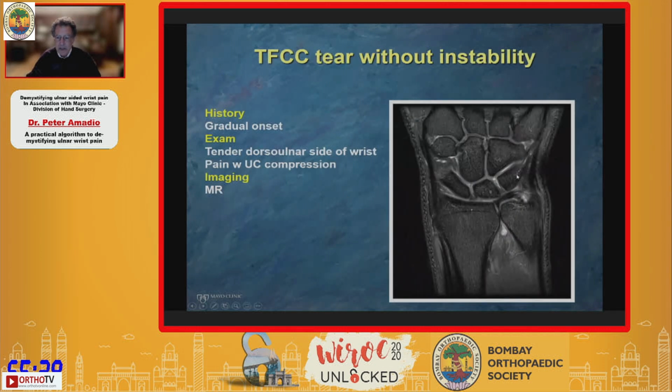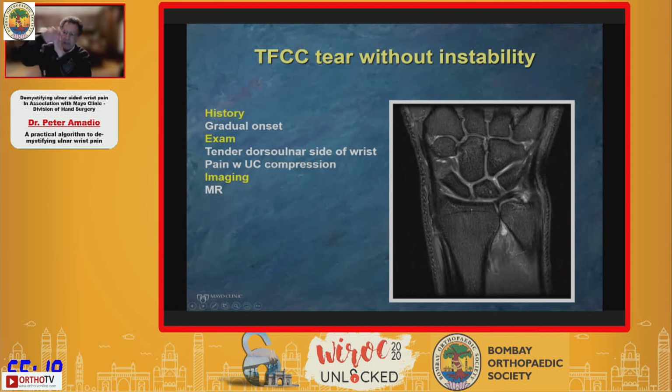TFCC tear without instability. Now you can say, well, on this MRI, maybe that probably does have some instability because this foveal area has been damaged, but that's just the point of using an MR for imaging. But typically, this will be a degenerative problem with a gradual onset, tenderness over the triangular fibrocartilage, and pain frequently.